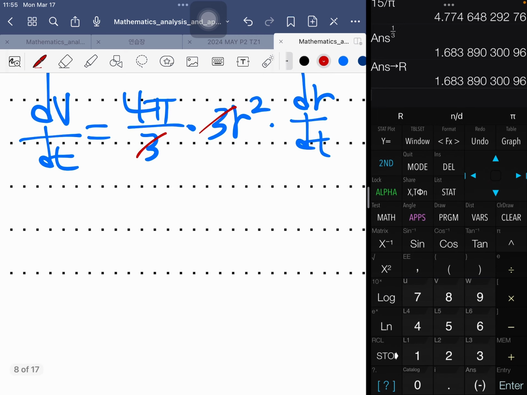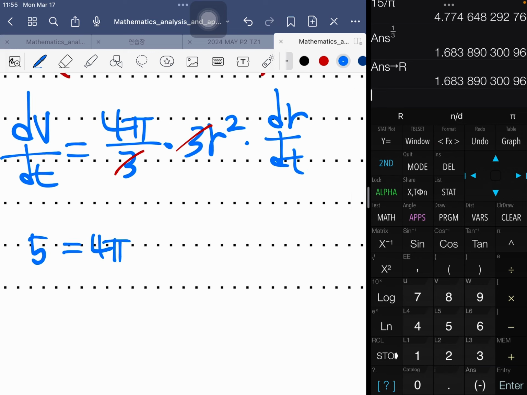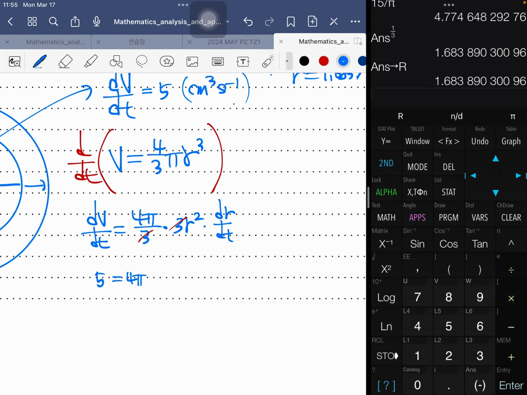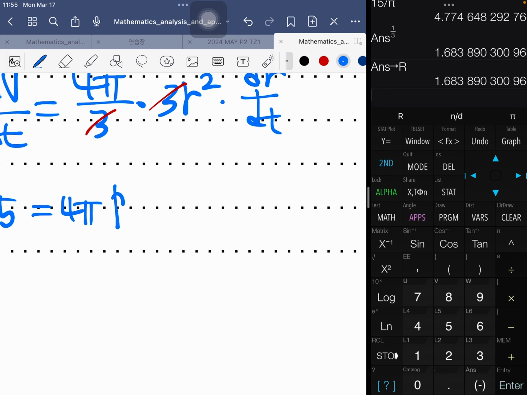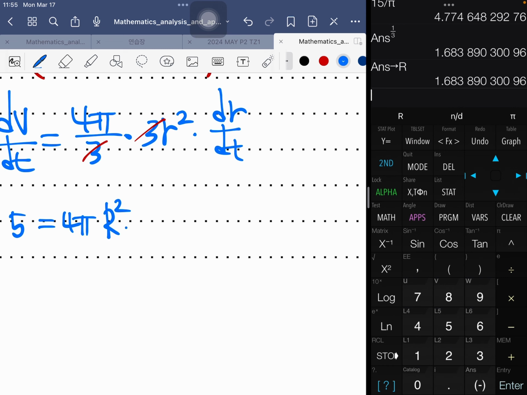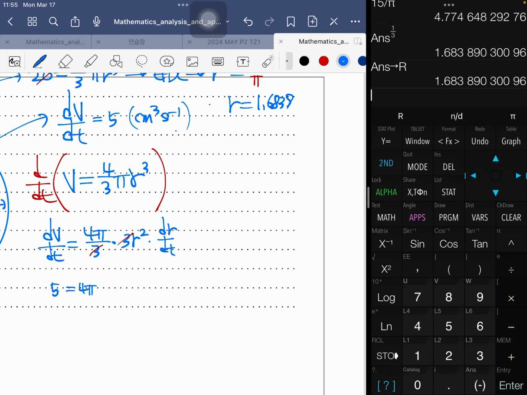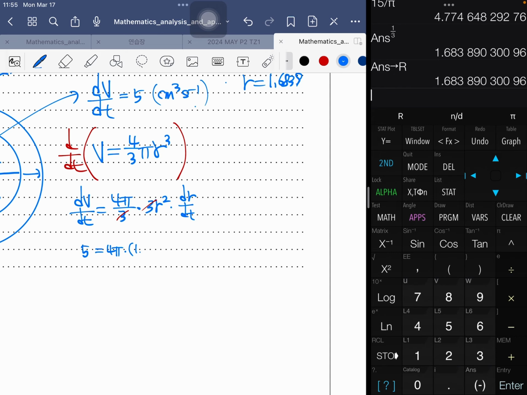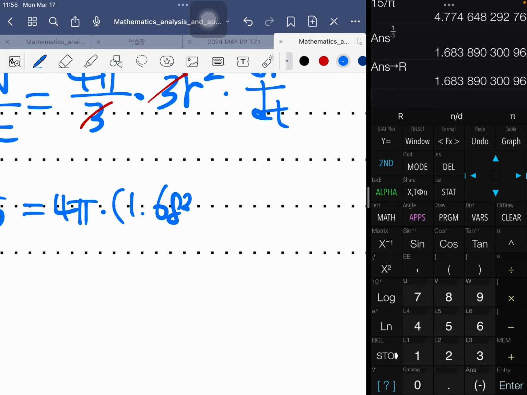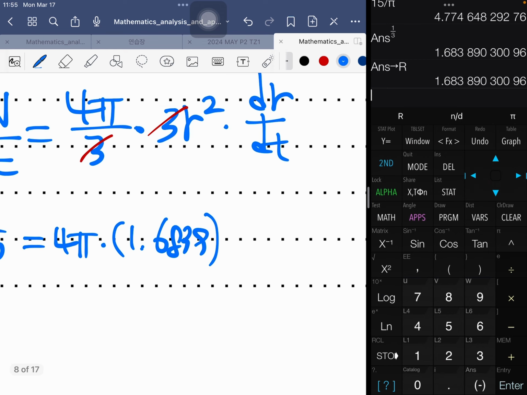Then we put in every piece of information we got here. dV dt is given by 5. So 5 equals 4 pi times, when we put in the large R, 1.6839. Because we have to show our progress, we put large R squared from the calculator, 1.6839 squared, times dr dt.